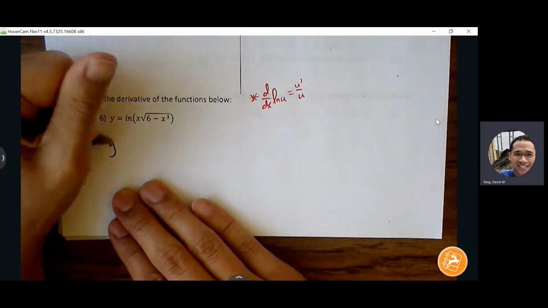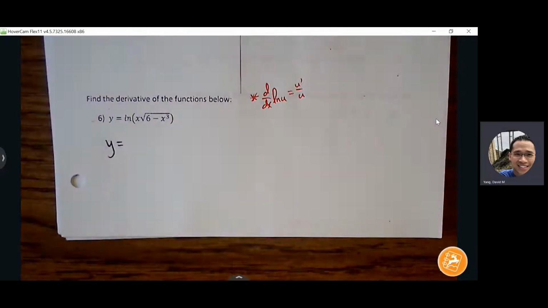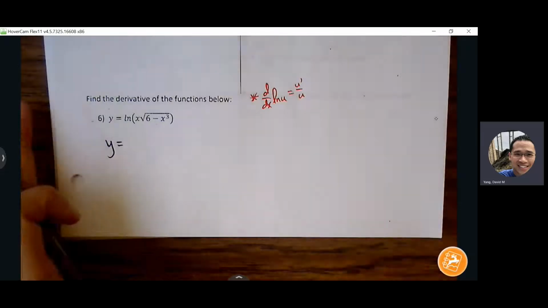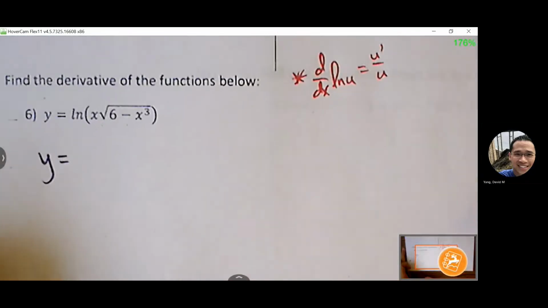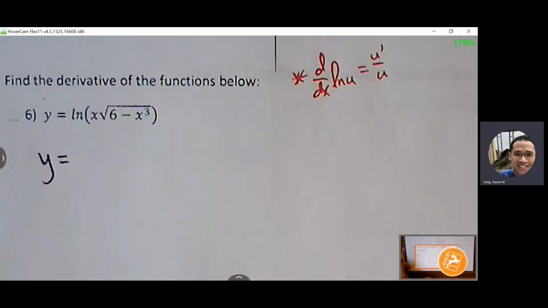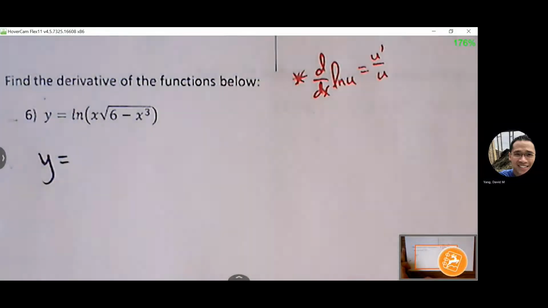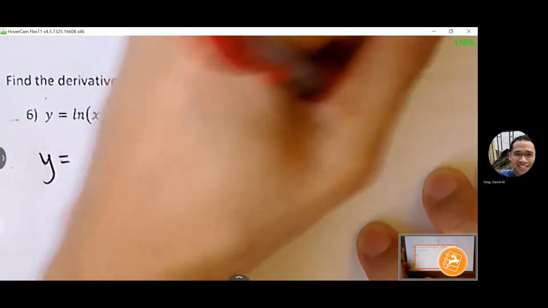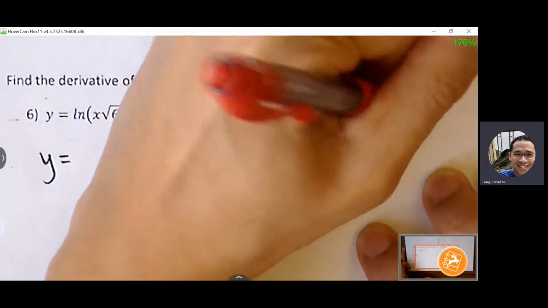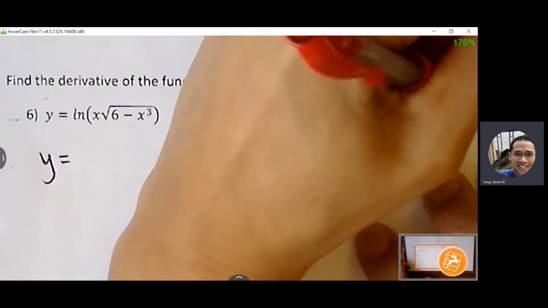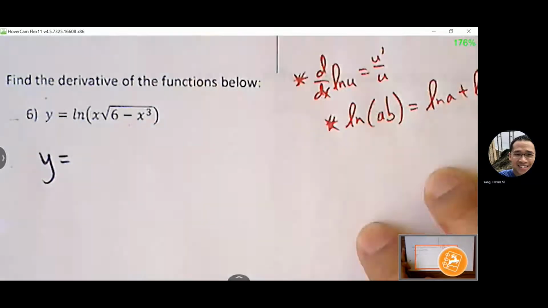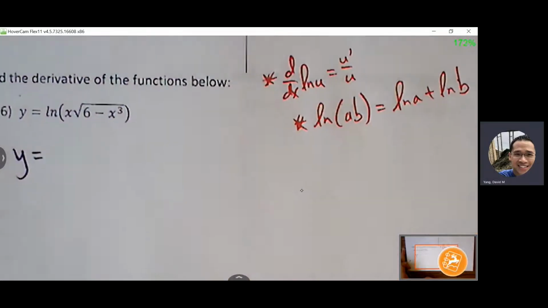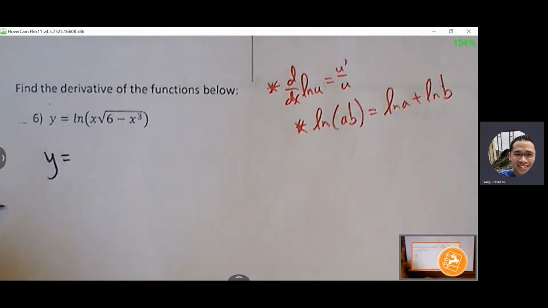Okay. Any suggestions as to how we can split this up? Okay, here's a hint. Natural log of AB can be expanded into natural log of A plus natural log of B. Okay, does that help? What can we do here?